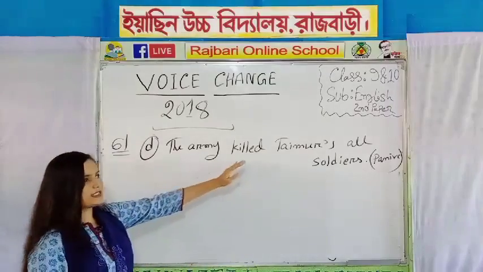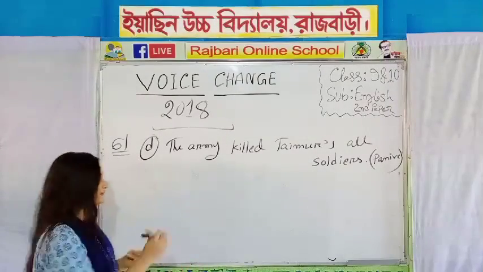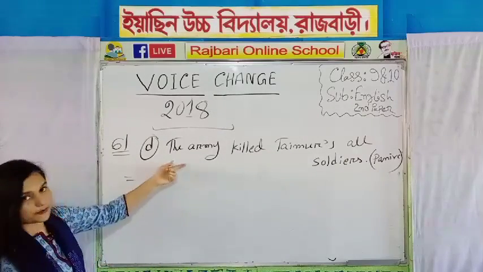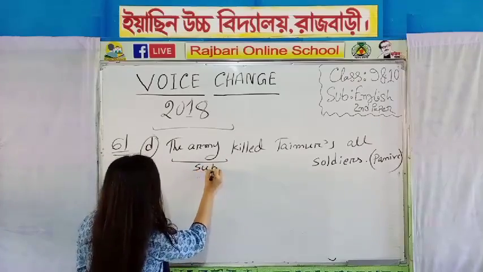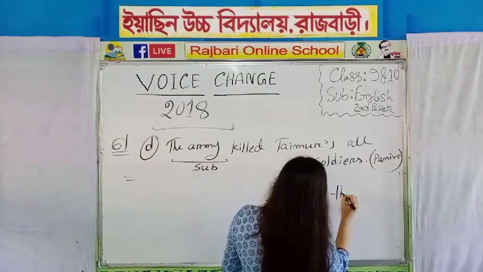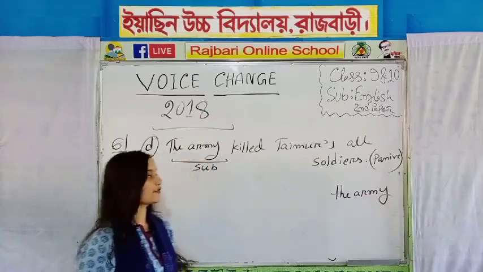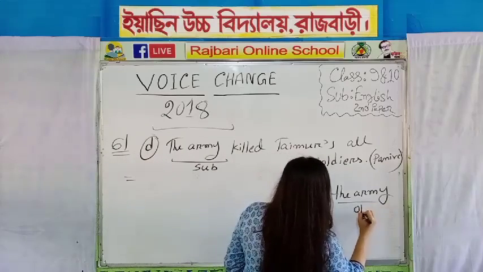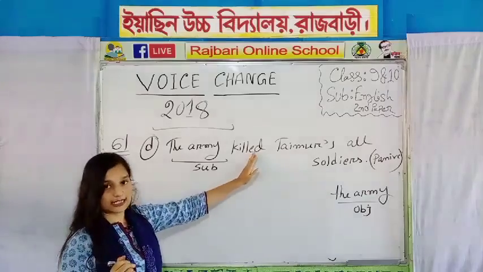Okay, so this sentence is an active voice, right? So we have to follow the step again. How? At first, identify the subject, the army. Okay, fine, write down the object here. Next one is identifying the tense.